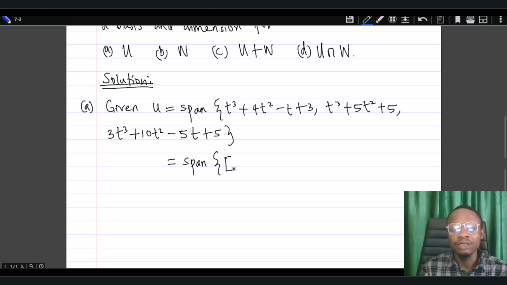So the coefficient of t cubed comes first, that is 1. Then the coefficient of t squared, that is 4. The coefficient of t, that is minus 1. The constant coming last, that will be 3. Of course, we can also put it as though they were R4 vectors in this case. That is fine as well.